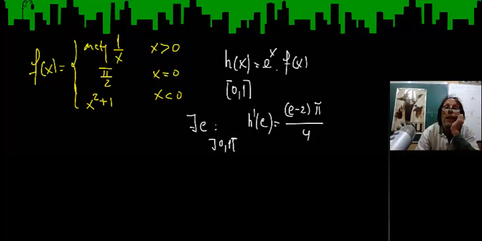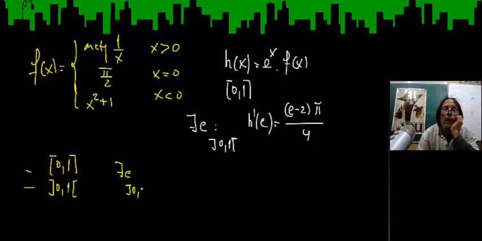And so if the function h is continuous on the closed interval 0 to 1, and also if the function h is differentiable on the open interval 0 to 1, I can say that I can apply the theorem, and that there exists a point, let us say C, which belongs to the open interval 0 to 1, where the derivative of h at C is equal to a minus 2 times pi over 4.